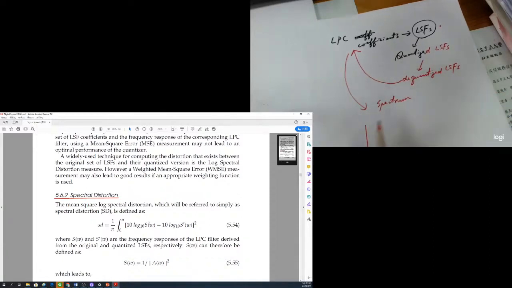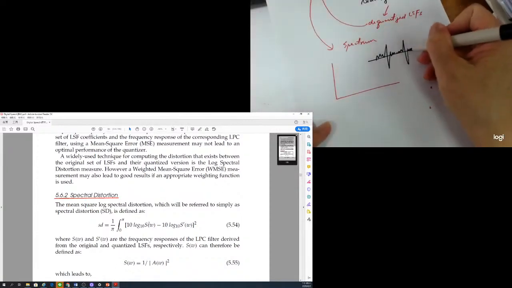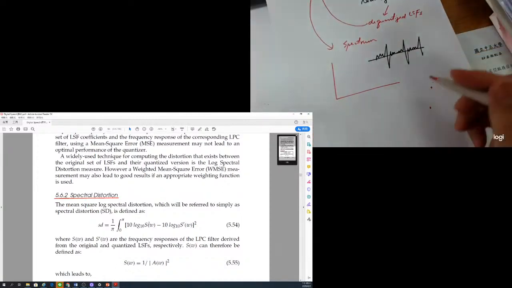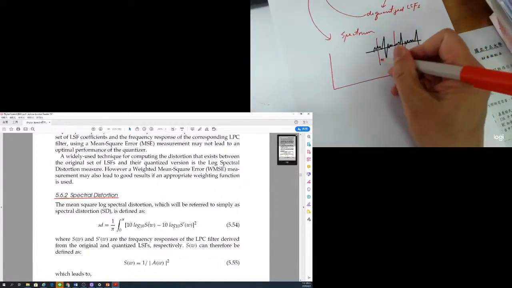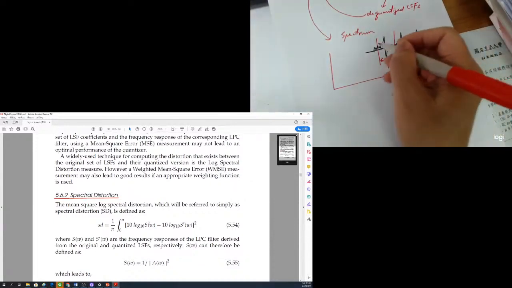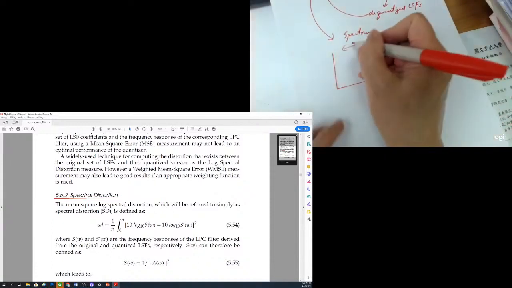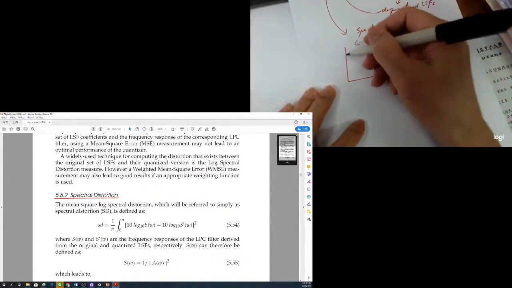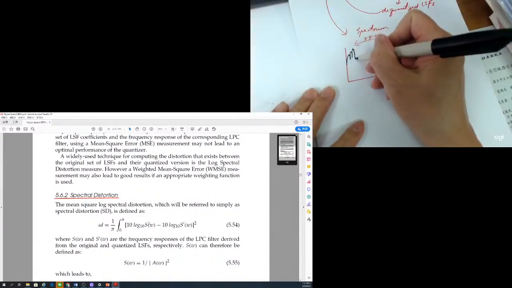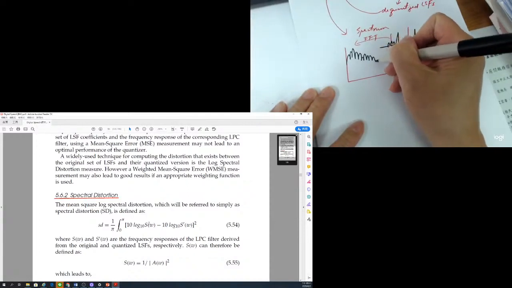So you have an original speech signal, this is your speech frame. If we go to the frequency domain with FFT to look at your signal behavior, it looks more like this.